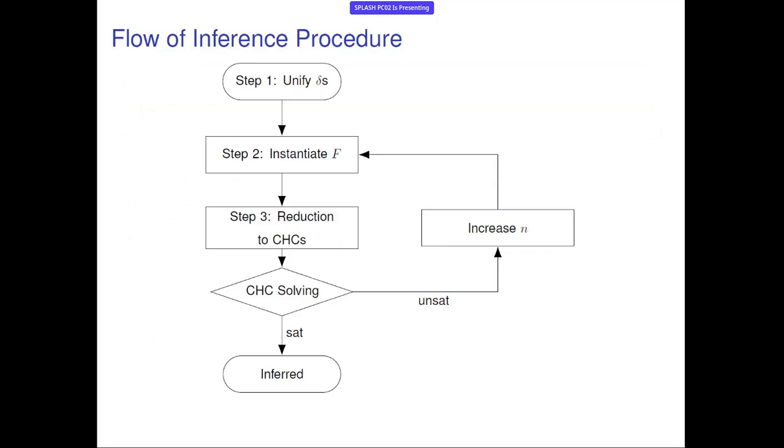Then we reduce the program to CHCs, which can be solved by the backend CHC solvers. If it is satisfied, it means that the type can be inferred, so the program is verified. If it is not satisfied, it may mean that the instantiation of F is wrong, and so we retry the instantiation of F.